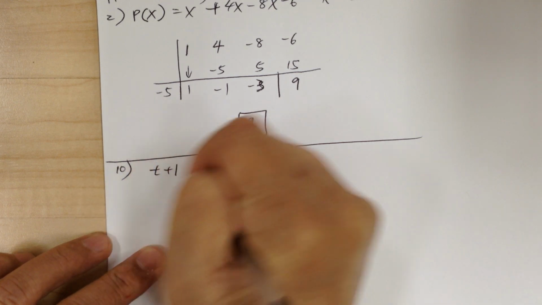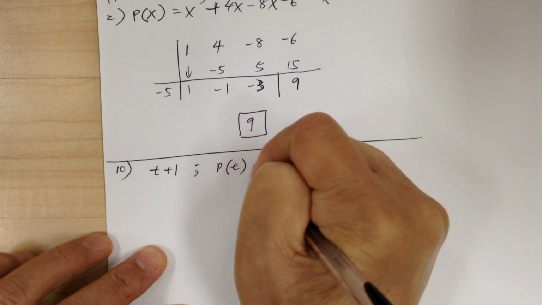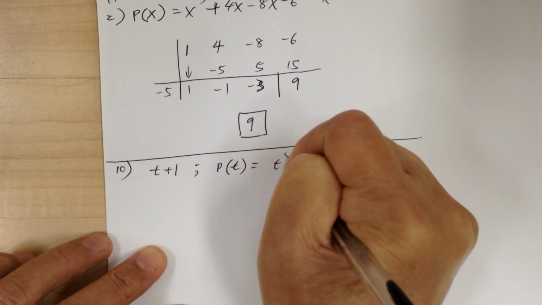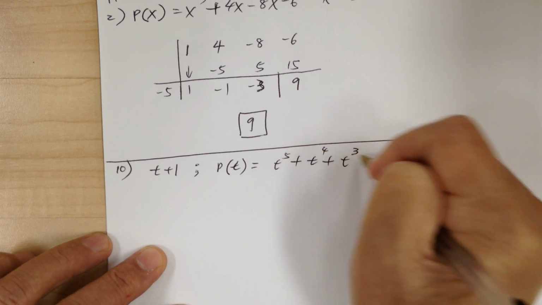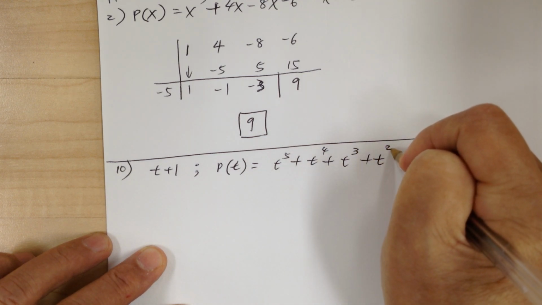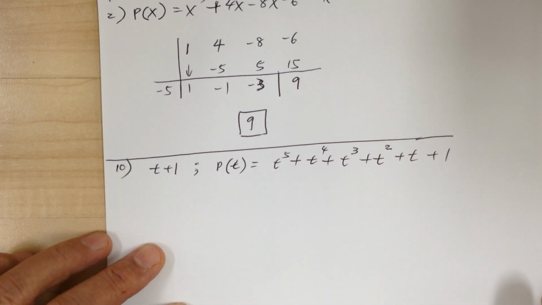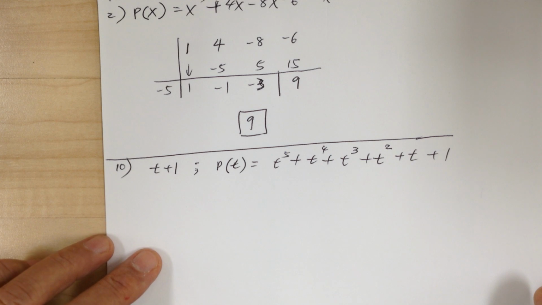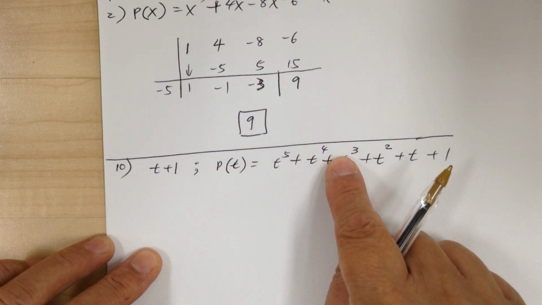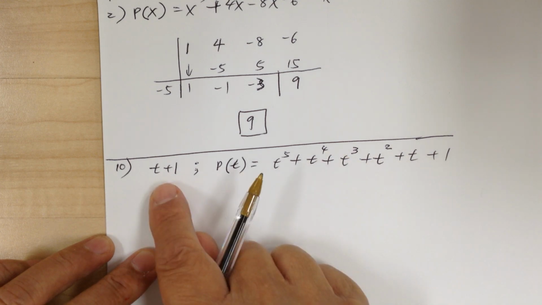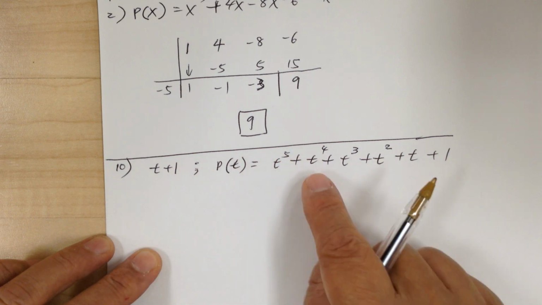So you've got t + 1, and p of t equal to t^5 + t^4 + t^3 + t^2 + t + 1. You want to see if this is a factor of these. That means you want to find out if this can divide exactly.